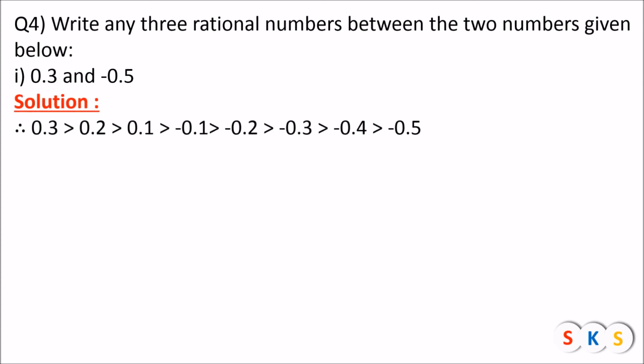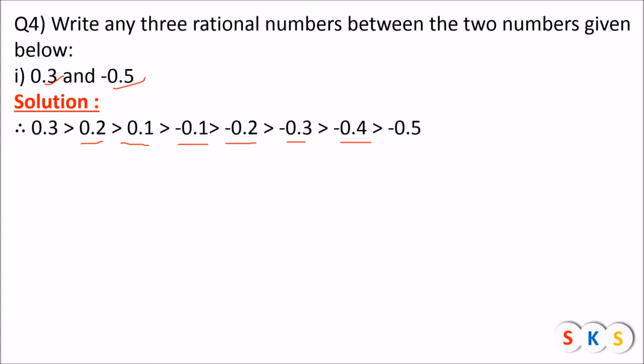Between 0.3 and minus 0.5, we have many numbers. You can see here 0.2, 0.1, minus 0.1, minus 0.2, minus 0.3, minus 0.4 are the rational numbers between 0.3 and minus 0.5.